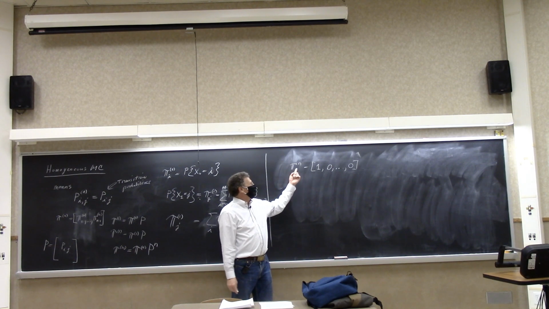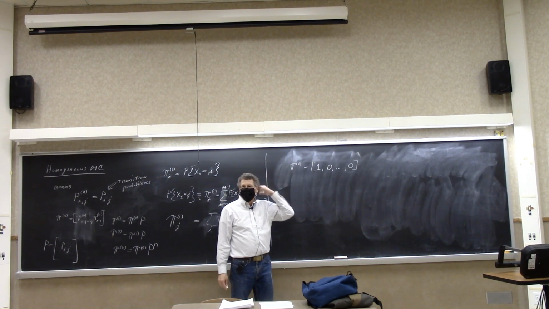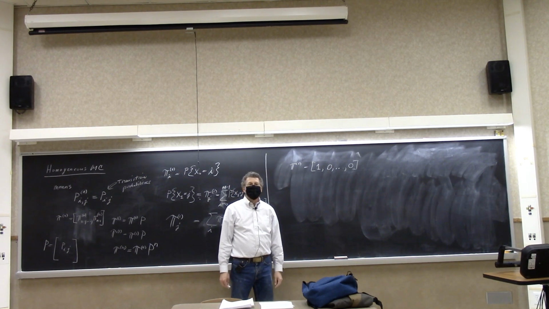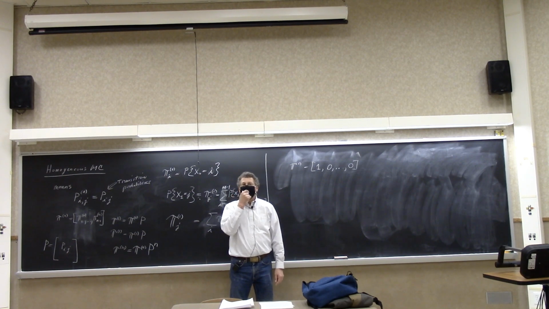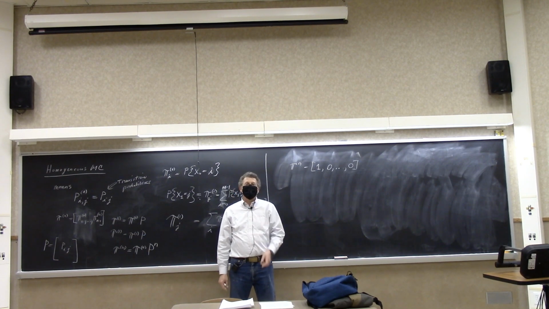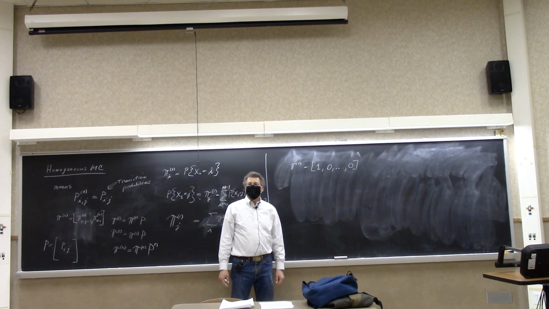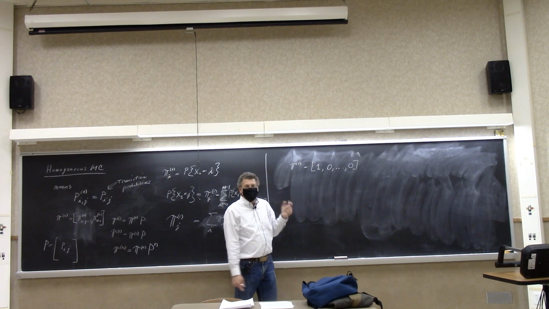What does it mean if I set pi 0 to that? Probability of finding class 0 is 1. Correct, but what does that mean in plain language? You've initialized the Markov chain into state 0, right? Because with probability 1, it starts in state 0, correct?